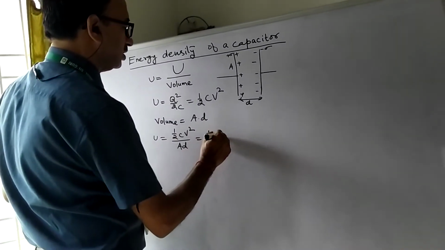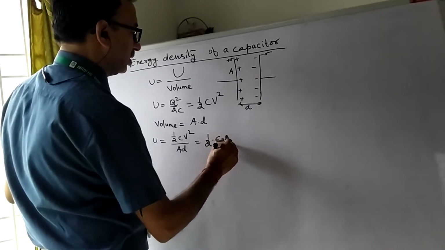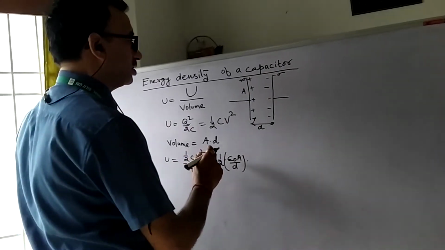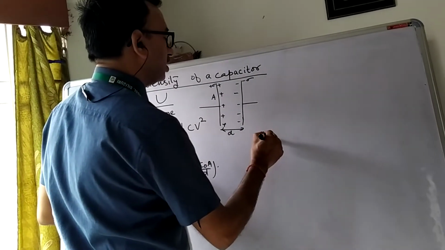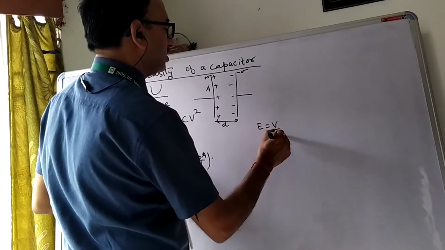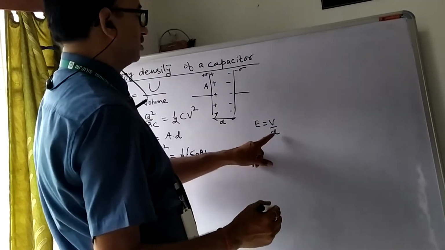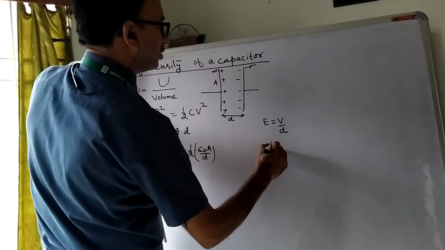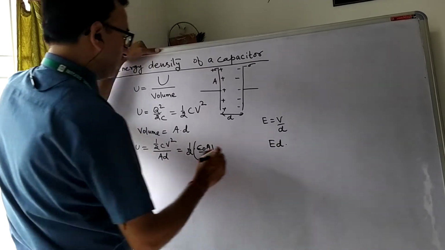So, what will be the answer? Half. What is the C? C is epsilon naught A by D, right? And what is the relationship between V and E? E equals V by D, so V is ED.